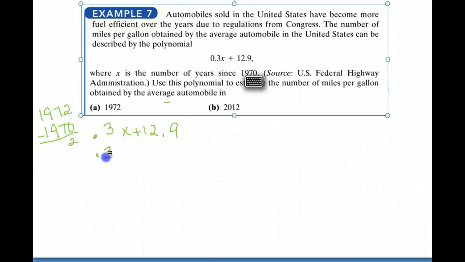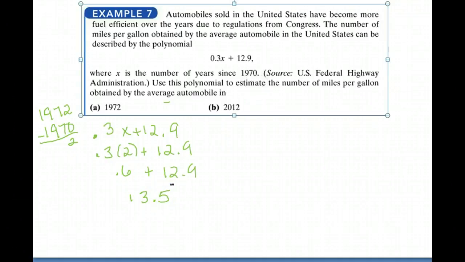That means that we're going to plug 2 in for x and actually evaluate that polynomial. So 0.3 times 2 gives us 0.6 plus 12.9, and when we simplify there, we're going to get 13.5. That tells us that in 1972, the average automobile got 13.5 miles per gallon.